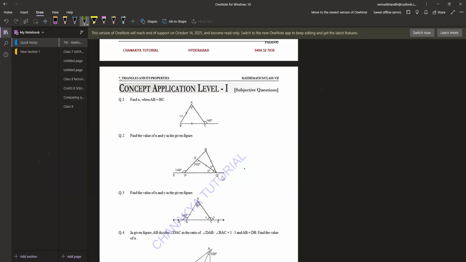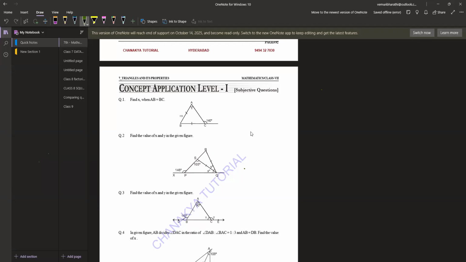So 180 minus 103 is equal to 77. So 77 and 77, since base angles are equal, make 154, and 180 minus 154 is 26. So y is equal to 26.